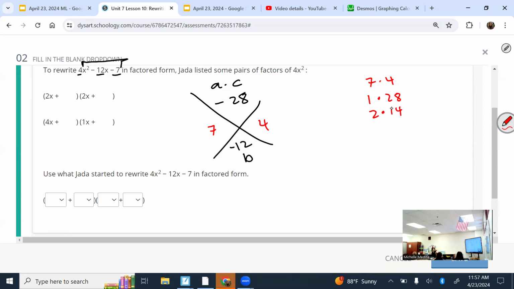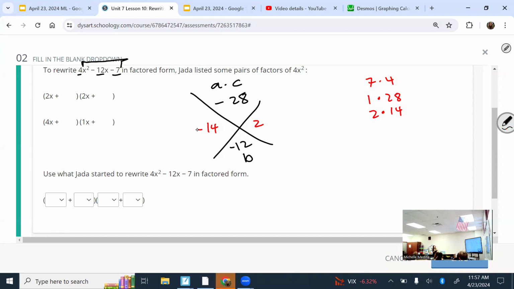Whenever I'm struggling to find the numbers, I just start making a list. 14 times 2 equals 28. I'll just work down: 1 times the number, if it's divisible by 2, if it's divisible by 3. Which one has to be negative? 14. Okay, questions on that part?